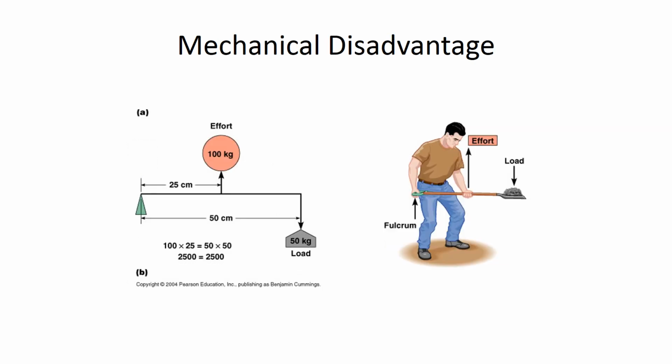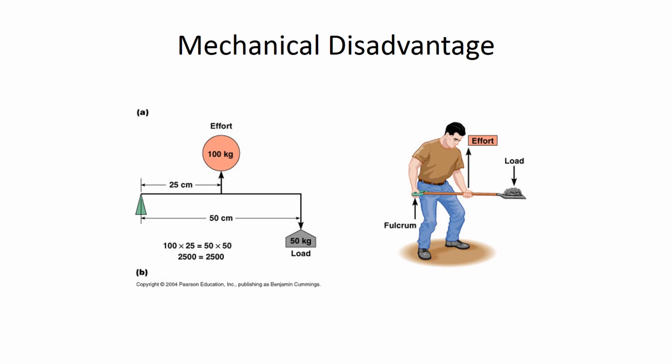A mechanical disadvantage, the load is far from the fulcrum and the effort is applied near the fulcrum. This situation requires the force to be greater than the load to be moved, but although it cannot move a large load, it can move loads farther and faster, kind of like a speed lever.